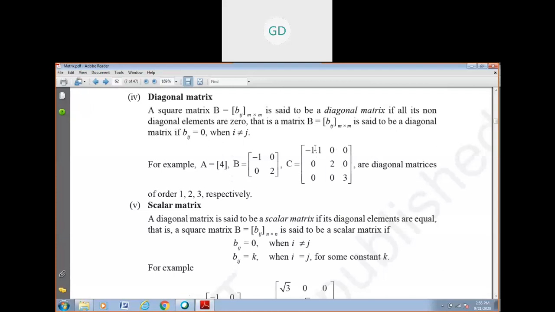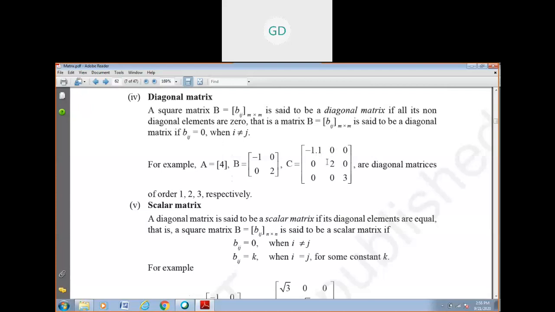In this square matrix, this direction is the diagonal direction. Left to right, top to bottom, this is the diagonal direction. In this diagonal direction, all the elements are called diagonal elements.